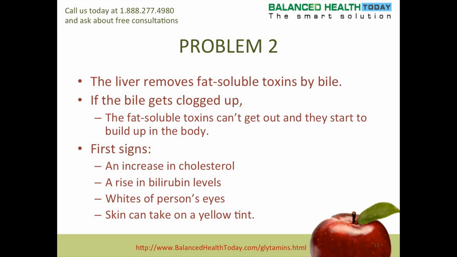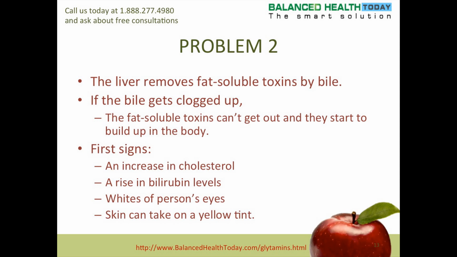If the bile gets clogged up due to biliary sludge and/or gallstones, then the fat-soluble toxins can't get out, and they start to build up in the body. One of the first signs that bile is backing up is an increase in cholesterol. This happens because the only way cholesterol can leave the body is through the bile.